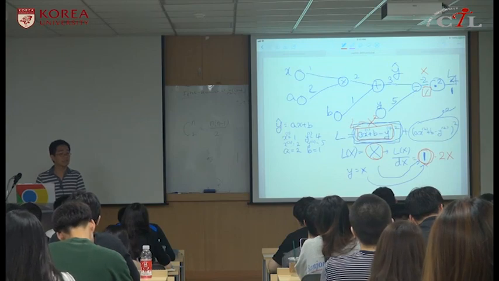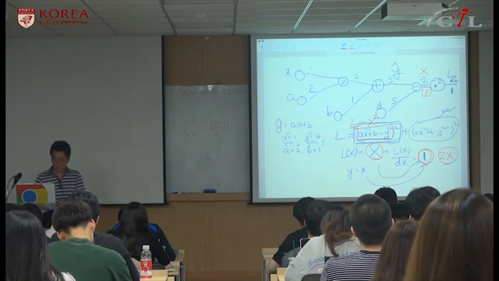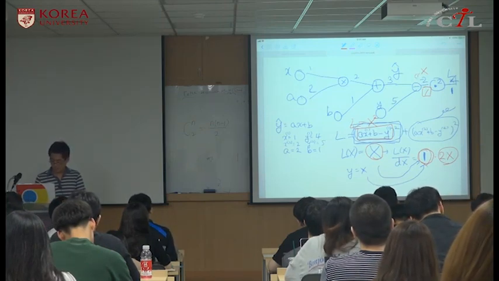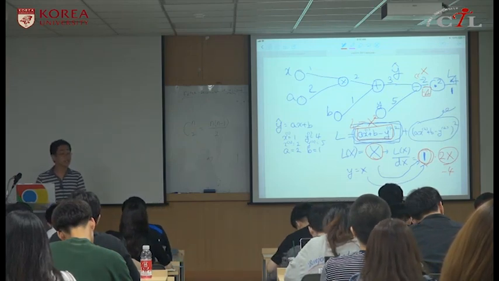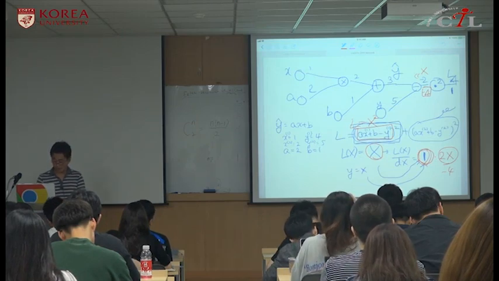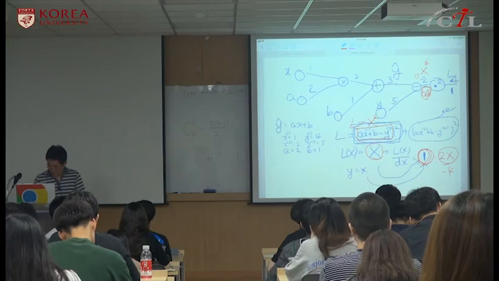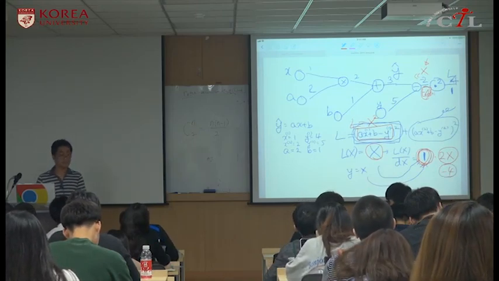What is this 2x? x was initially -2, so it's -4. And then -4 is multiplied with 1, so the gradient at this point will be -4 times 1.